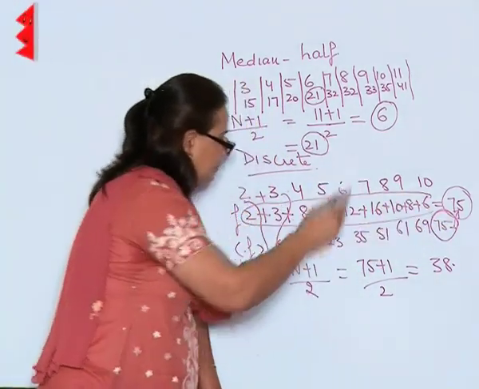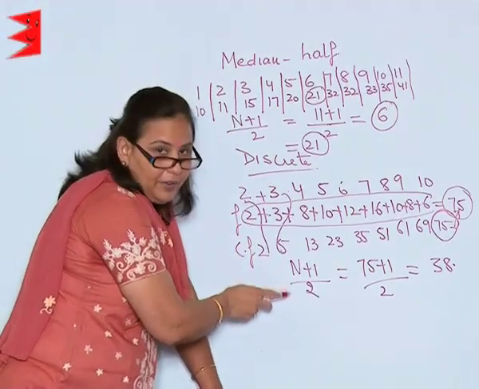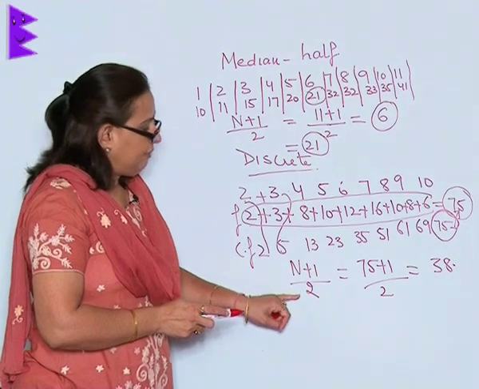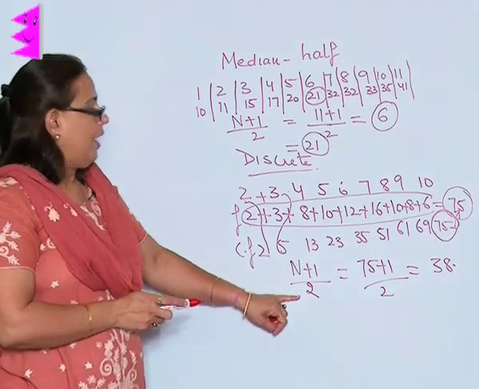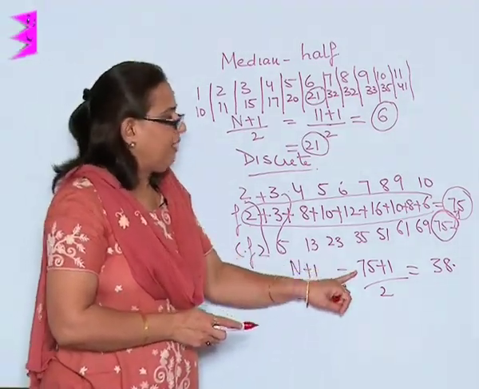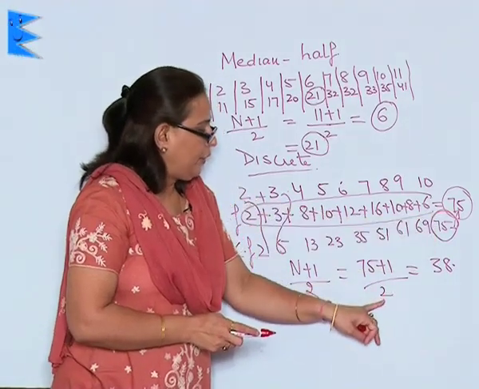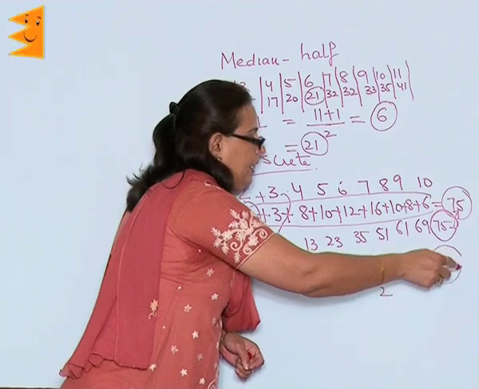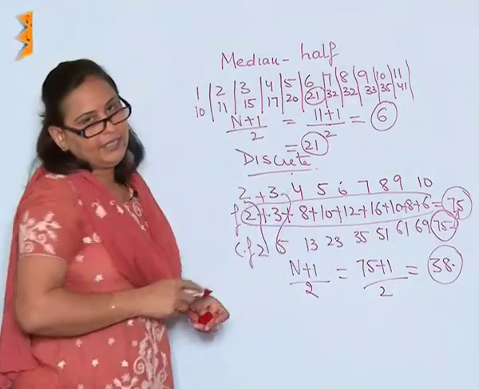The formula remains the same: (number of observations plus 1) divided by 2, which is 75 plus 1 upon 2, giving me 38 as the median in the discrete series.